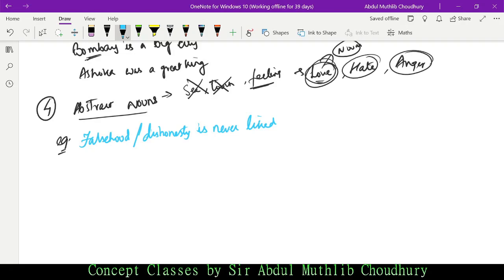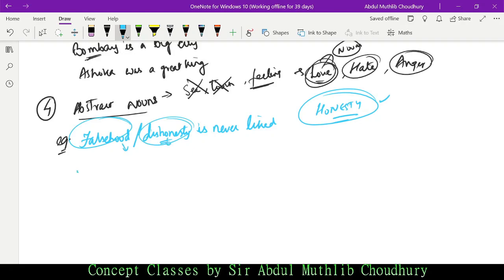We have always been taught that honesty is the best policy. So always be honest, God will always be with you. Anyway, falsehood or dishonesty is never liked. Can you see dishonesty? Can you touch it? No. Thus falsehood, which is a noun, is an abstract noun. Dishonesty is an abstract noun.